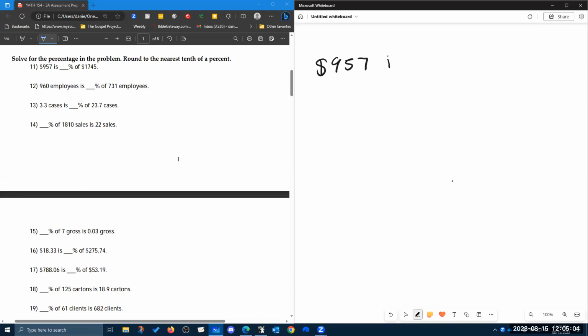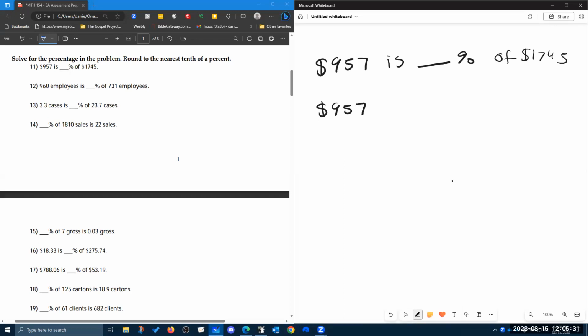$957 is blank percent of $1,745. So let's use the is of formula method first. The word closest to is 957.